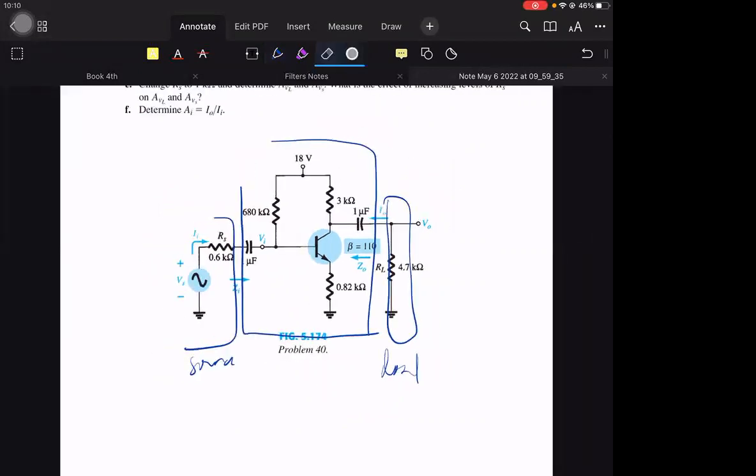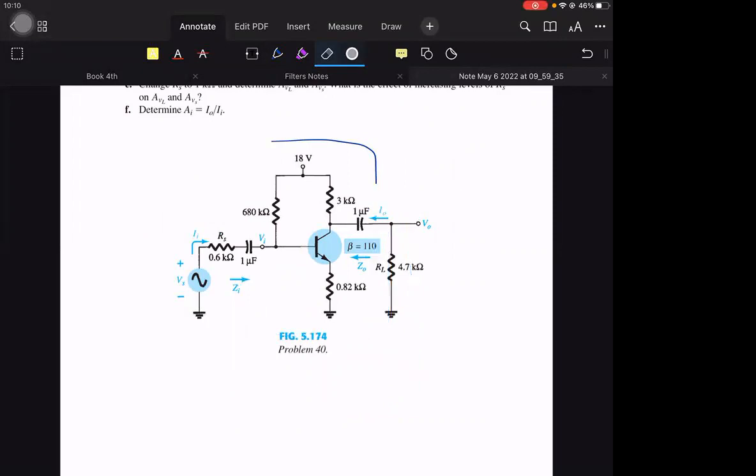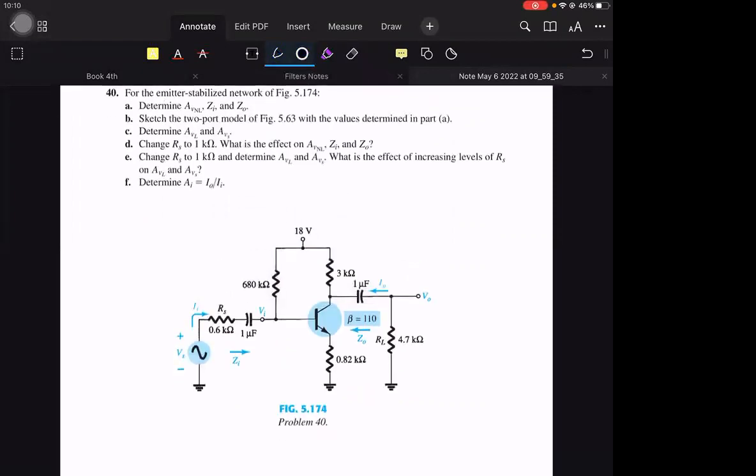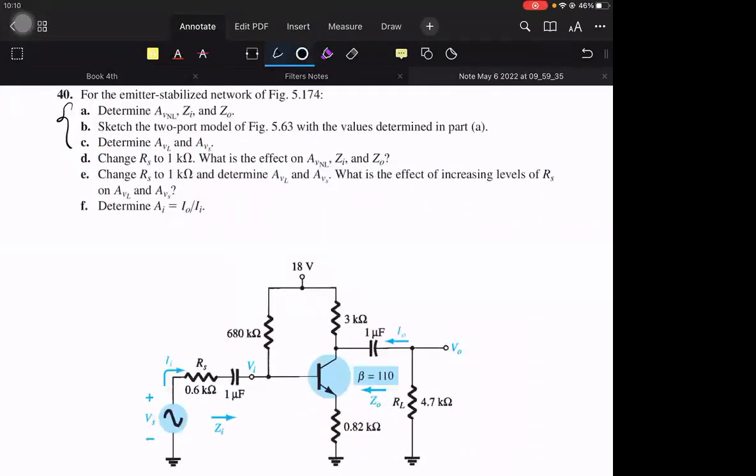As for the amplifier, this is an emitter bias amplifier. We're going to solve these three. First, determine the no load voltage gain, input impedance, and output impedance.